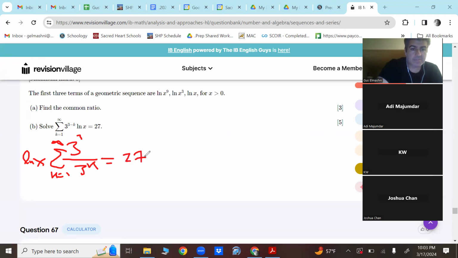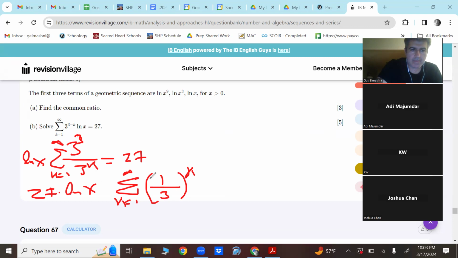Equals 27. 3 cubed is 27, right? So you push that out, and that's 1/3 raised to the k power, equals 27.